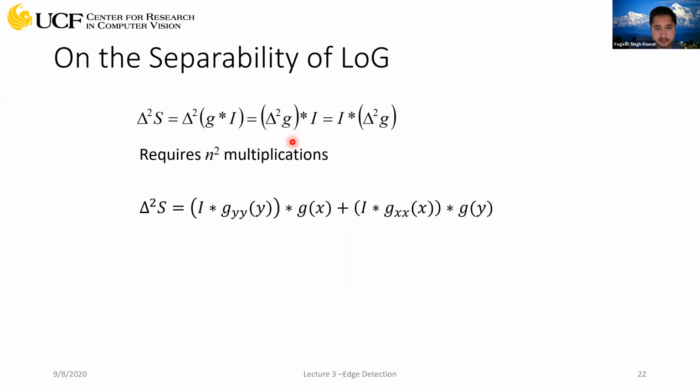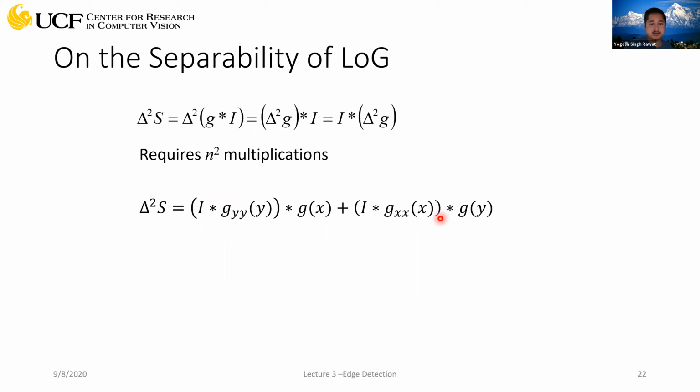The way it is done is, first you compute the second order partial derivative along the y direction, convolve with the image, and then convolve with the Gaussian filter in the x direction. And then you add the same operation which you performed in the y direction, which you are going to perform in the x direction.